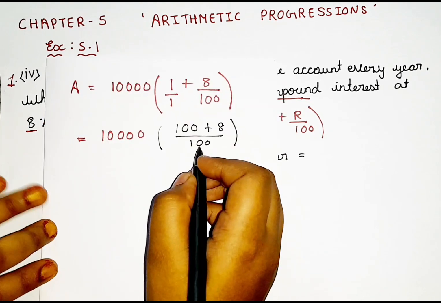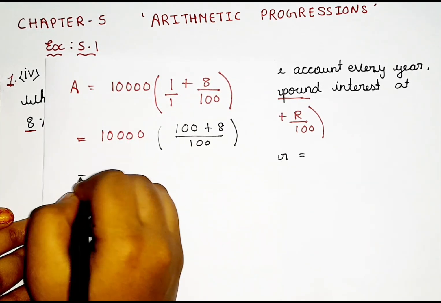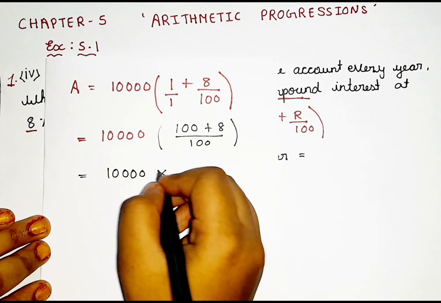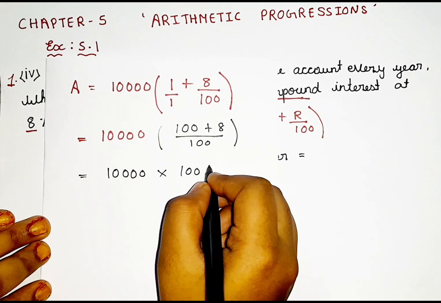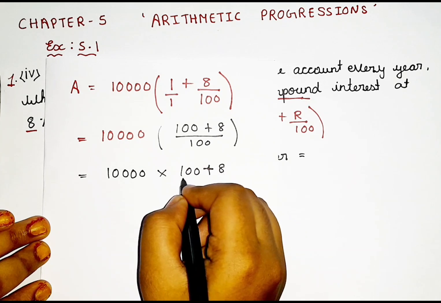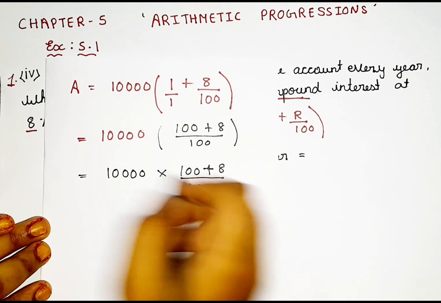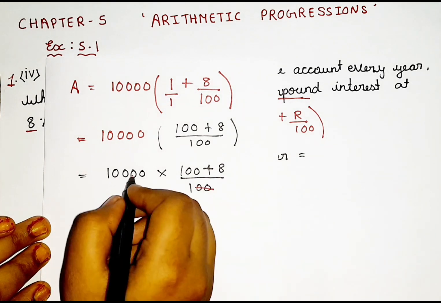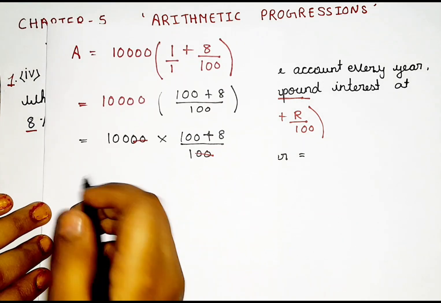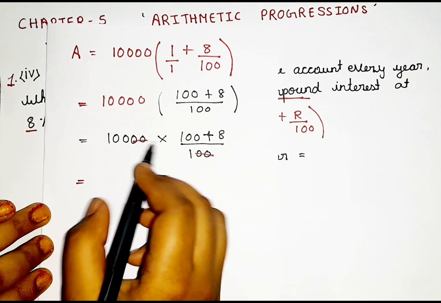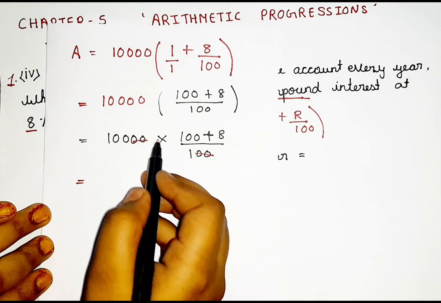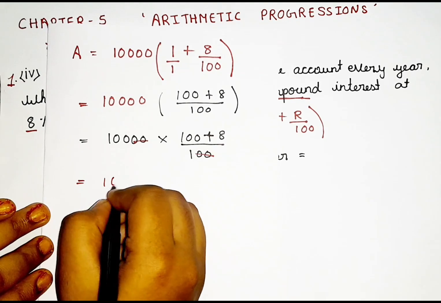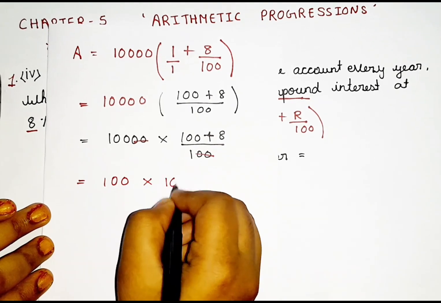Bracket means multiplication, so let's write 10,000 into (100 plus 8) divided by 100. Now we can cancel the zeros. After cancelling the zeros, we get 100 into 108, since 100 plus 8 is 108.